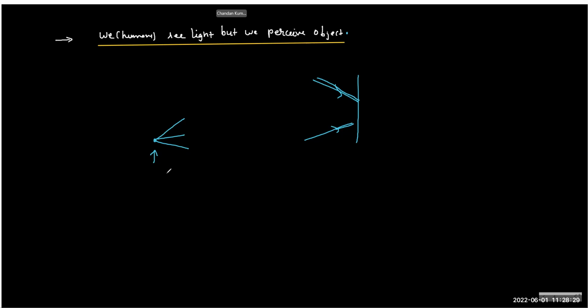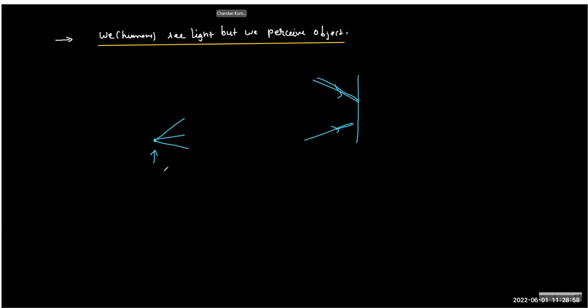Anything which is physical will only emanate the rays or the light, so it will be diverging in nature. Objects which are physical in nature can only diverge light. Converging light is not possible from a physical source. You can think about it.